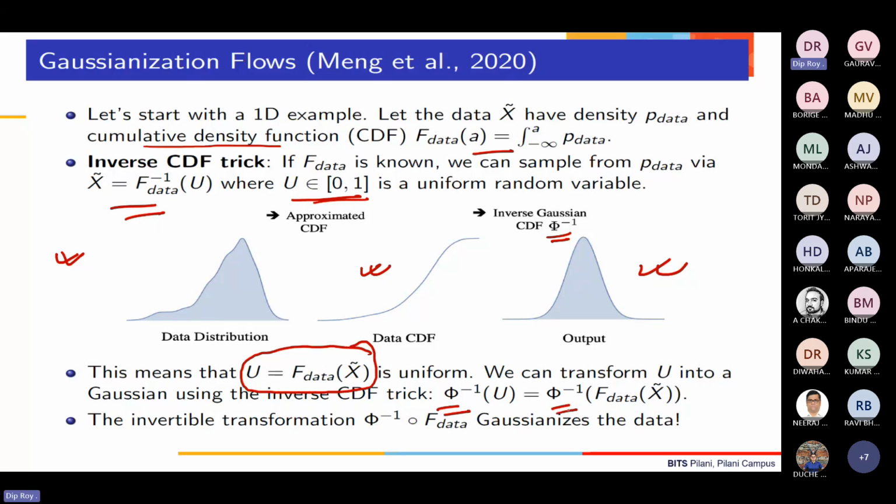And that is what we are doing. So the invertible transformation transforms your cumulative density, the CDF, which is uniform in nature, using a Gaussian transformation to Gaussianize the data.